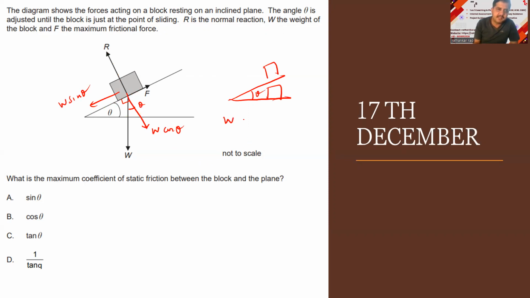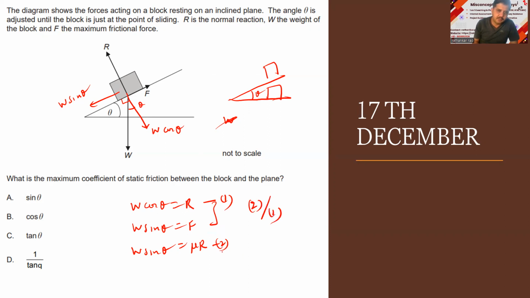So W cos theta is equal to R and W sin theta is equal to F. We know that F is equal to mu times R. Now W sin theta is equal to mu times R. Let me call this equation number 1 and this equation number 2. Now when I do 2 divided by 1, I get sin theta by cos theta is equal to mu, or mu is equal to tan theta.